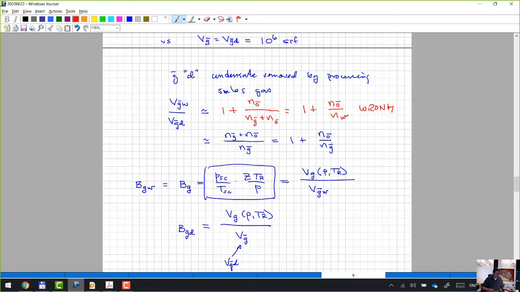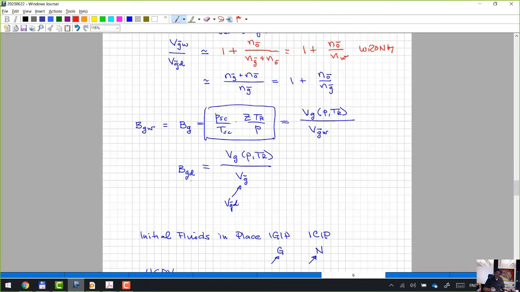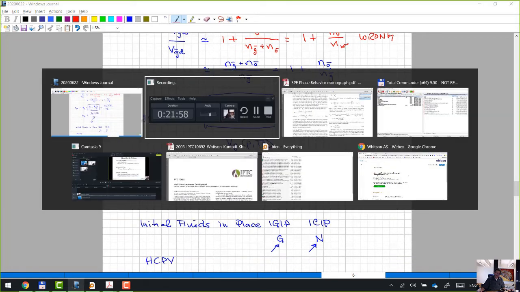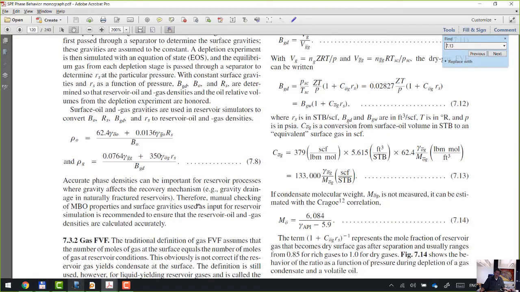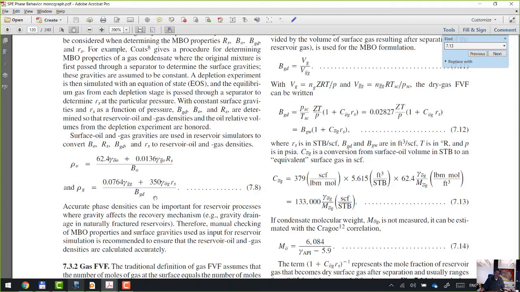Now you can also see in this same chapter 7 the relationship between BG wet and BG dry, which also uses the same COG term.